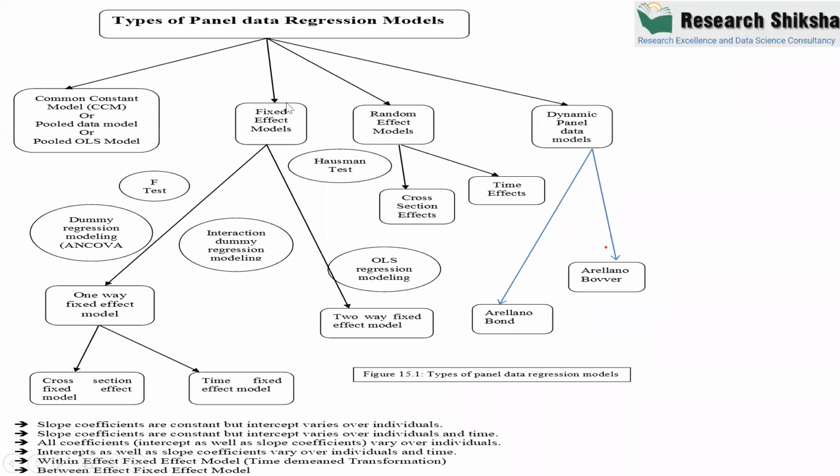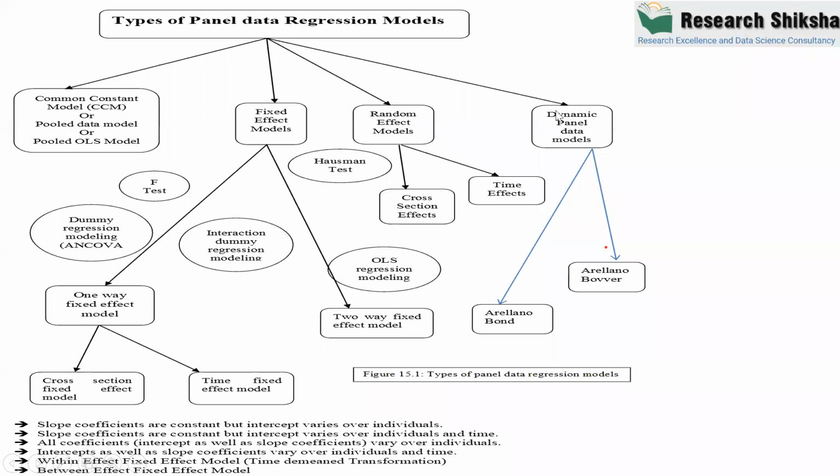One lecture is totally dedicated to the fixed effect model, which I will take tomorrow. After that, I will discuss the random effect model: the application of the random effect model, its assumptions, and why we prefer the random effect model over the fixed effect model.